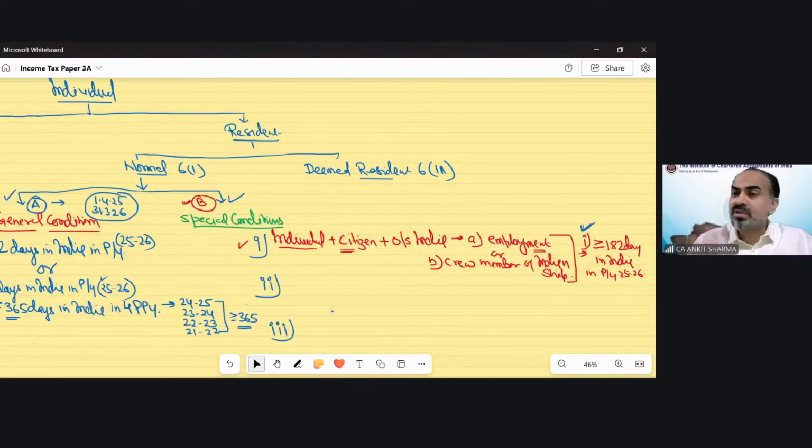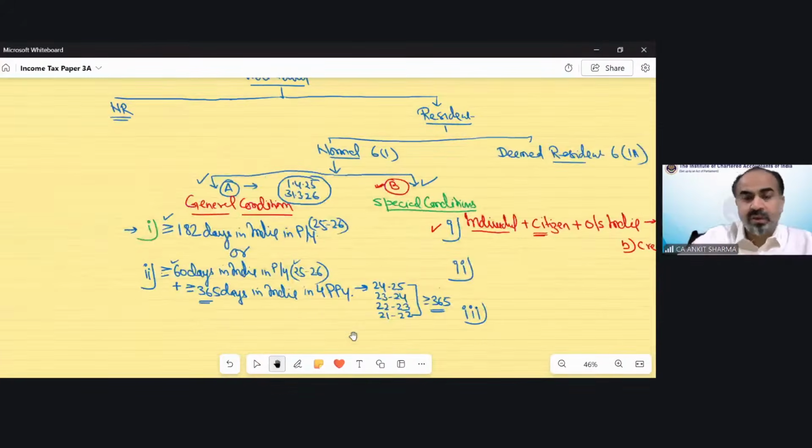The 60 days and 365 days condition is not applicable. If you fulfill that condition, you will be a resident; otherwise you will be a non-resident. Technically, you will be a non-resident if you fall in category A and do not fulfill any of these conditions.